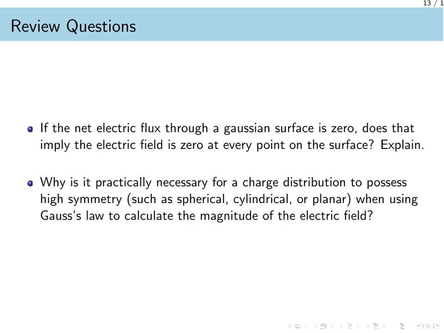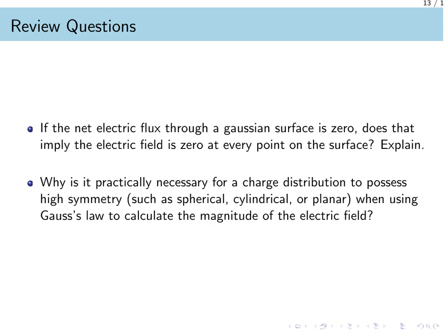First, if the net electric flux through a Gaussian surface is calculated to be exactly 0, does that automatically imply that the electric field itself is 0 at every single point on that surface? Think about the difference between the net flux and the local field value, and how external charges affect both.